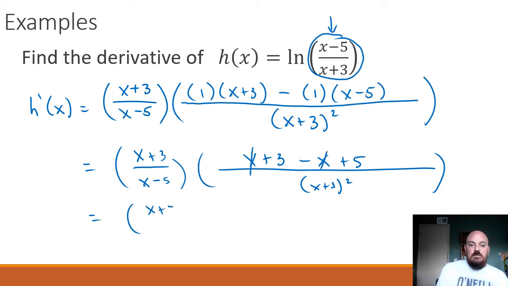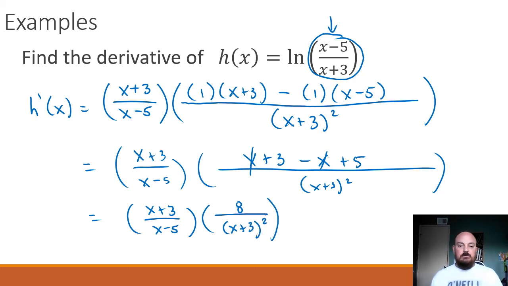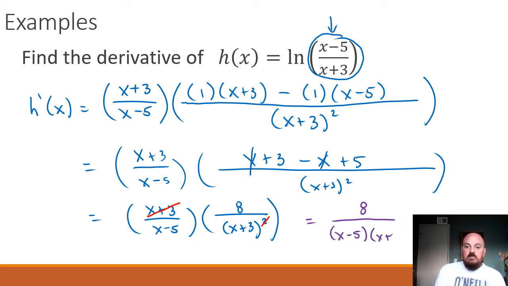We get x plus 3 over x minus 5 times 8 over x plus 3 squared. Now we have an x plus 3 on top of the first one, and an x plus 3 squared on the bottom. One will cancel. So I can cancel this x plus 3 with one of those. And what I get for my final answer is 8 over x minus 5 times x plus 3.